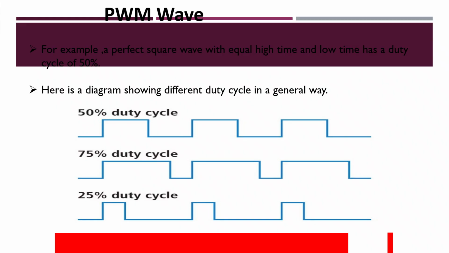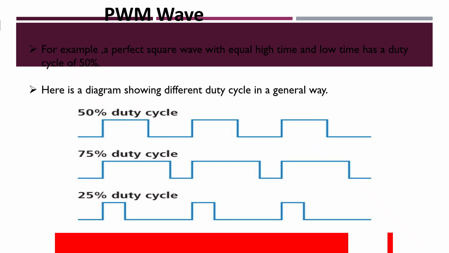Now, how the pulse width modulation wave is used. For example, a perfect square wave with equal high time and low time has a duty cycle of 50%. Here is a diagram showing different duty cycles.